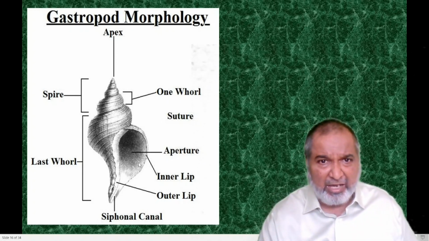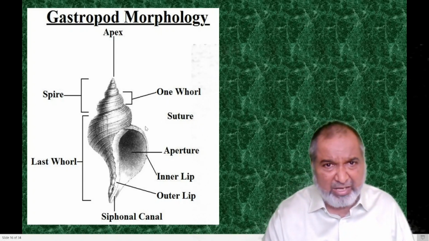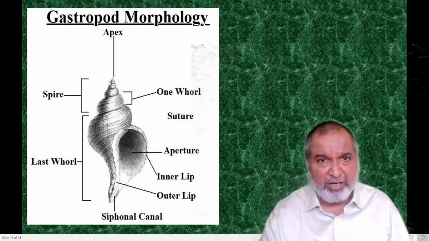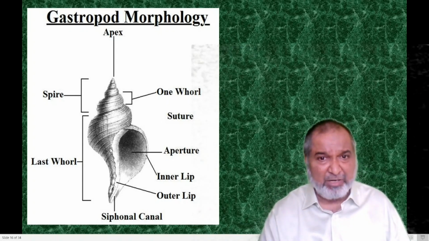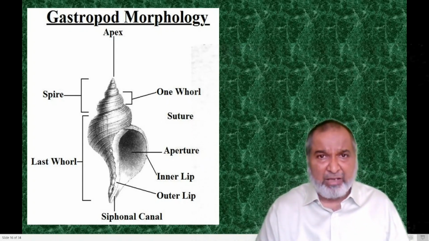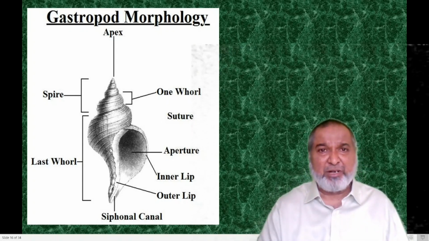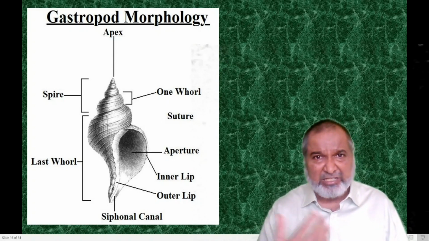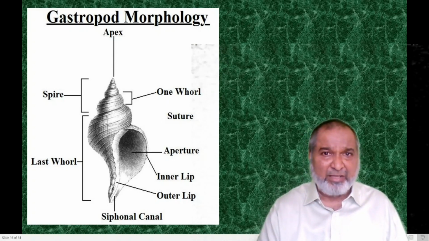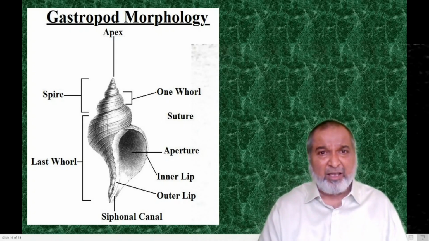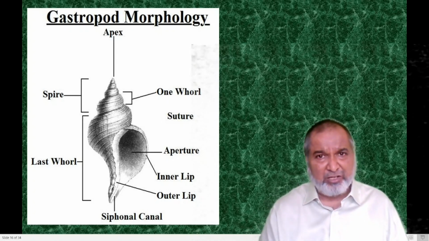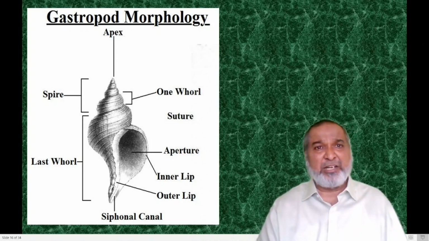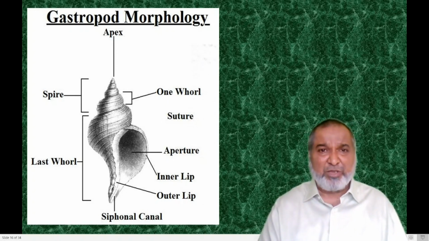Here you can see the body whorl and the spire more or less the same. But now we will see two important ones: one is a shell and one is a fossil. That is Physa, which we have as a fossil, and Turritella, which we have as a shell. These are the two representatives from the gastropods we are going to study.